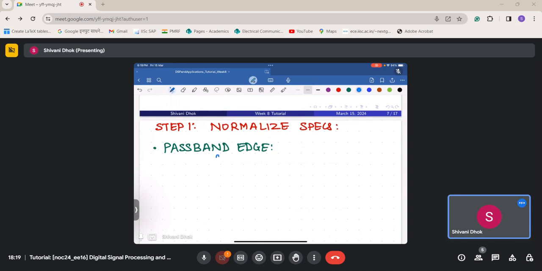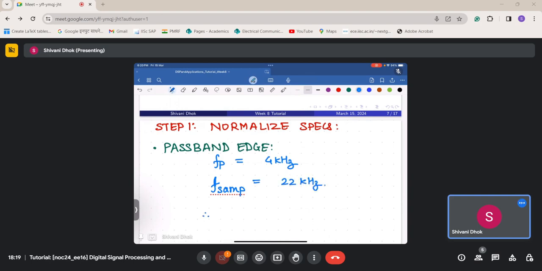Here Fp is given to us as 4 kilohertz, and the sampling frequency is 22 kilohertz.